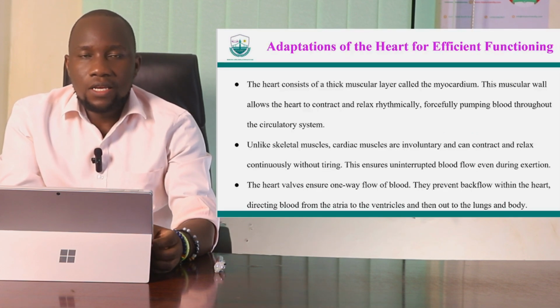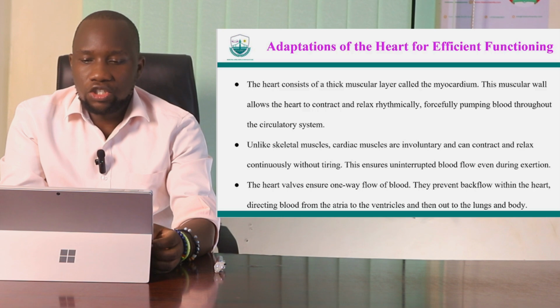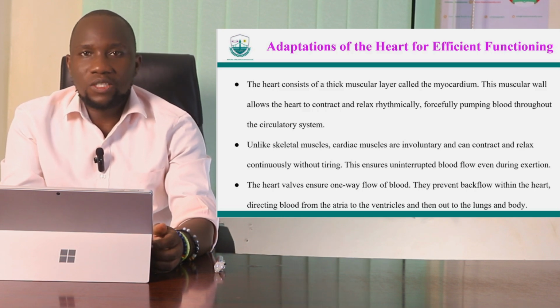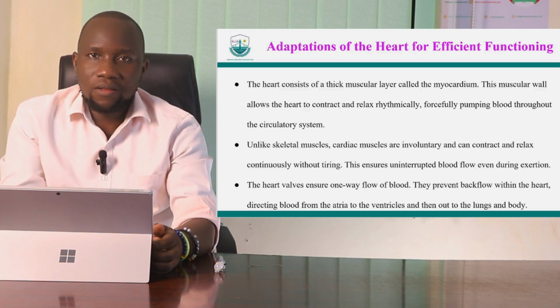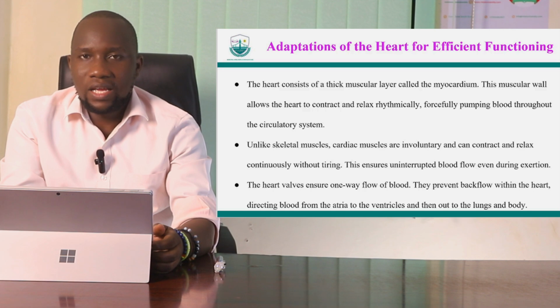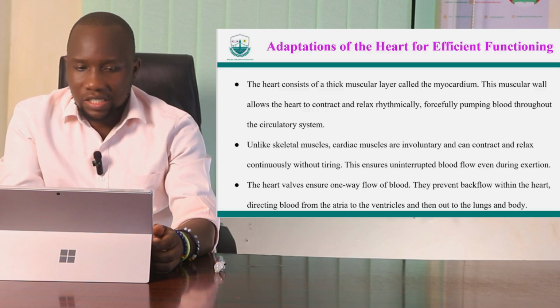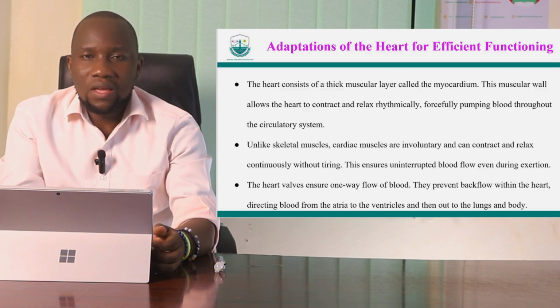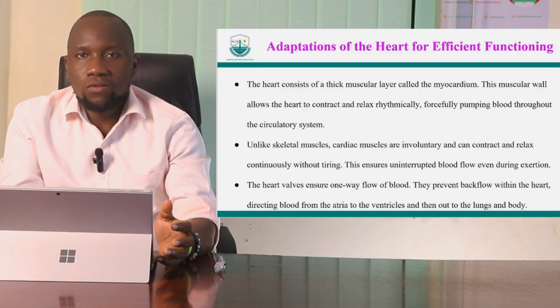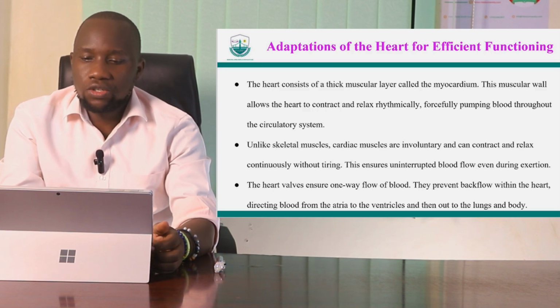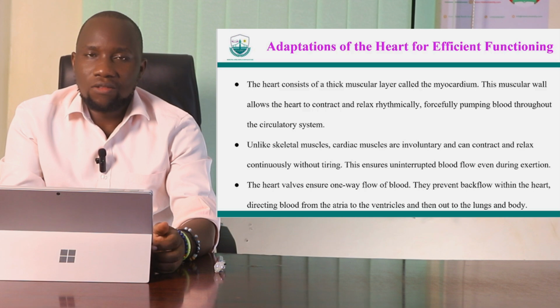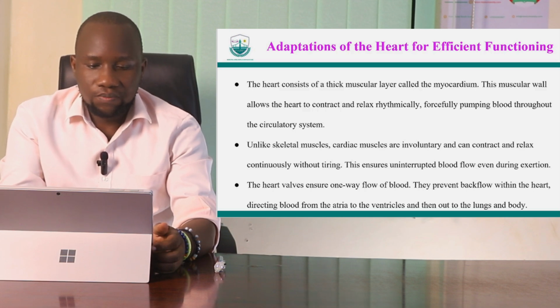So how is the heart in position to do these functions? One, it is muscular, and that muscle layer is thick. It is thick enough to allow the heart to generate enough pressure to push the blood throughout the circulation.